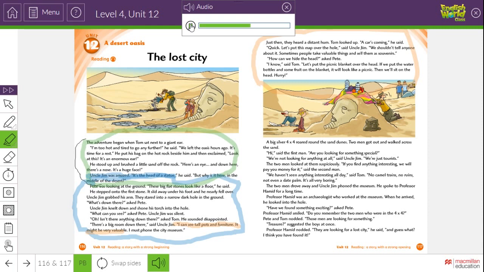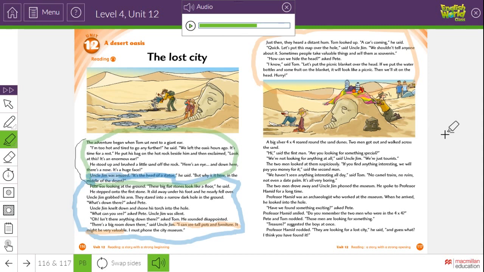"How can we hide the head?" asked Pete. "I know," said Tom. "Let's put the picnic basket over the head. If we put the water bottles and some fruit on the blanket, it will look like a picnic. Then we'll sit on the head. Hurry!"